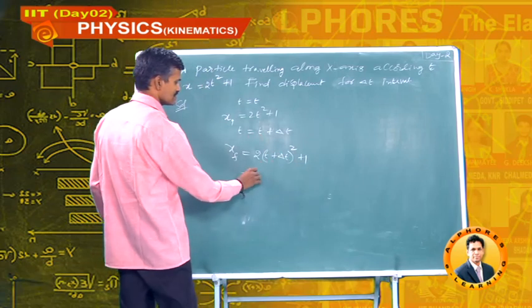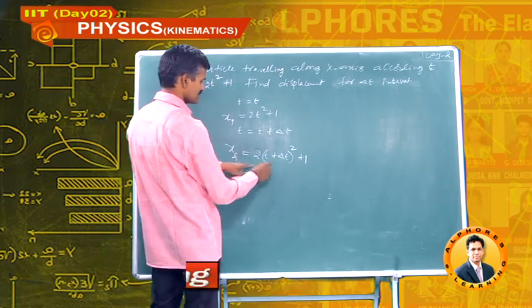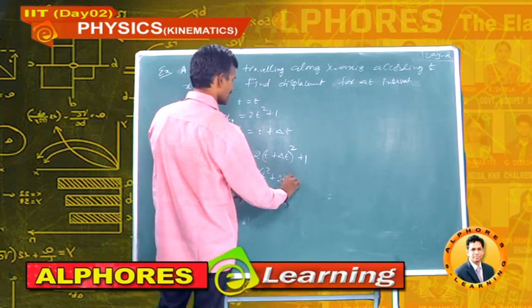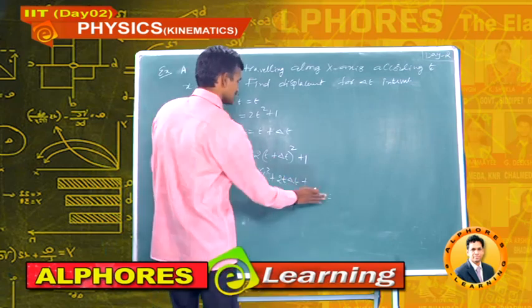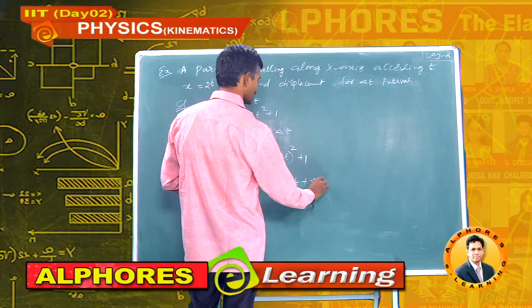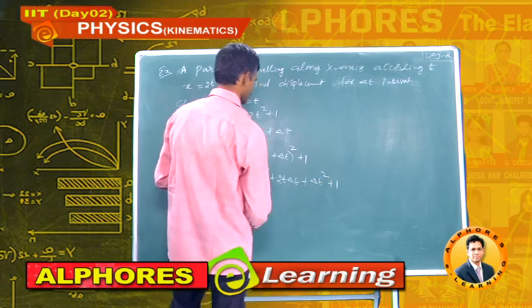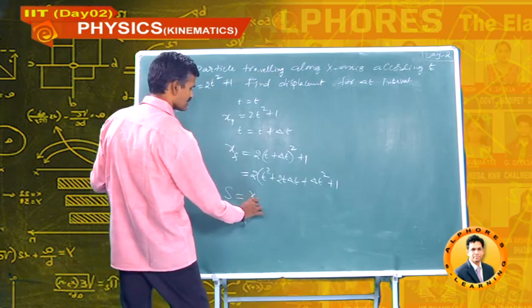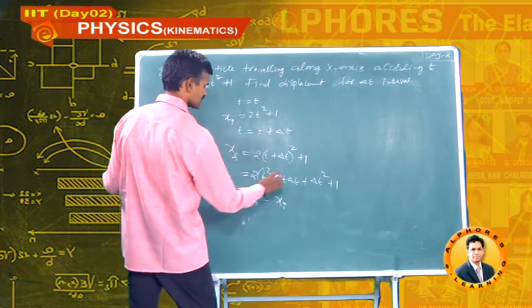On expanding, this is 2 into (t square plus 2t delta t plus delta t square) plus 1. The displacement S is final position minus initial position.